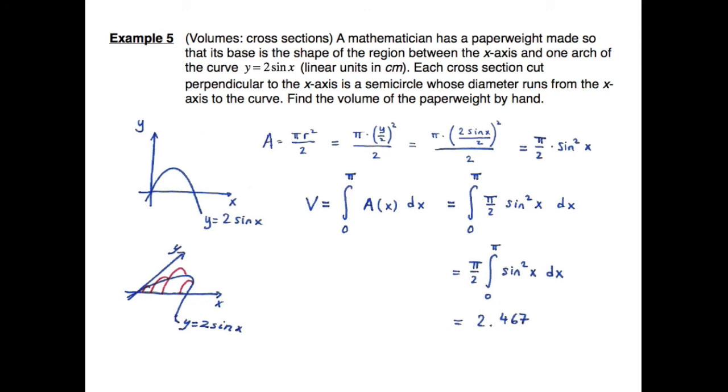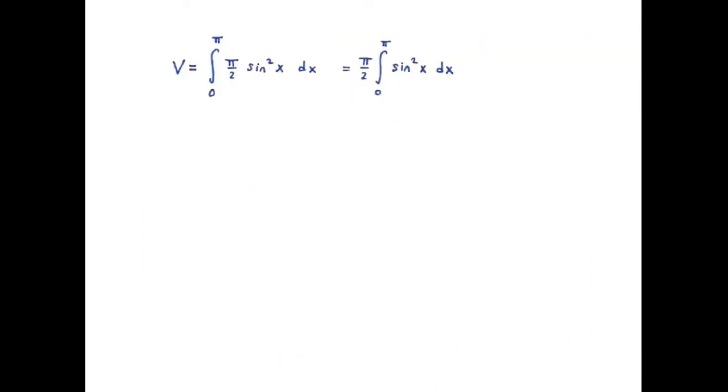So since the paperweight units were in centimeters, the paperweight's volume is 2.467 cubic centimeters. This is if you do it with your calculator. I don't think it's so important to be able to do it by hand, but I'll still show you.